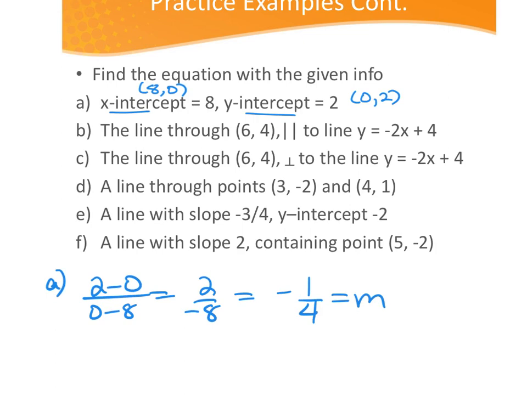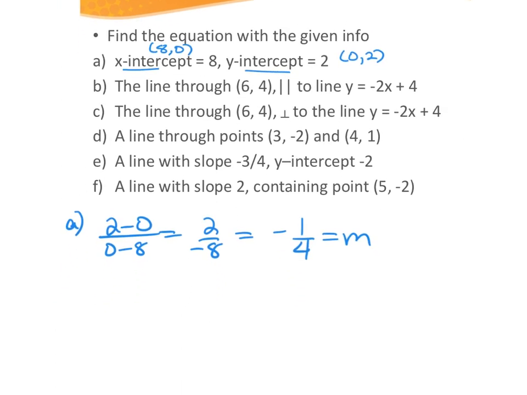I now can take and plug it in. Notice I already have the y-intercept, I have the b. So all I have to do is go back and plug in the m and the b, and I'm done. I didn't need to go through the whole point slope process because I already had the b.